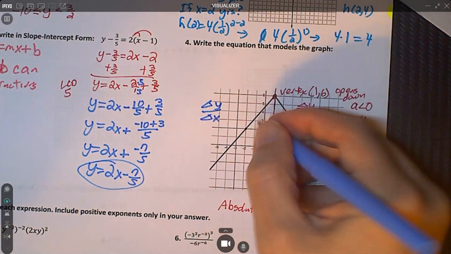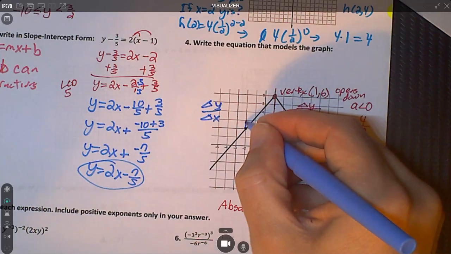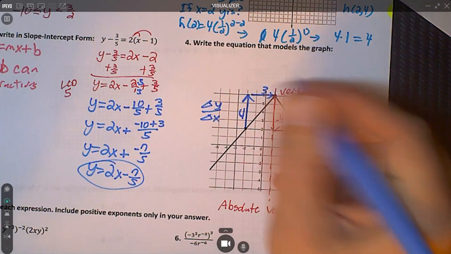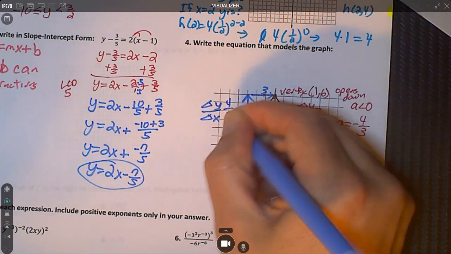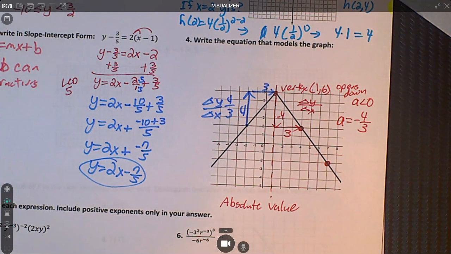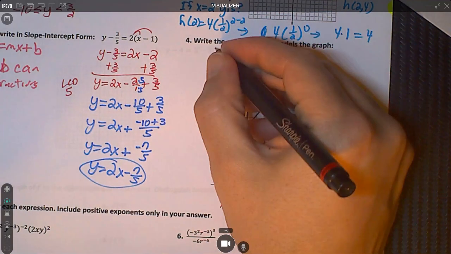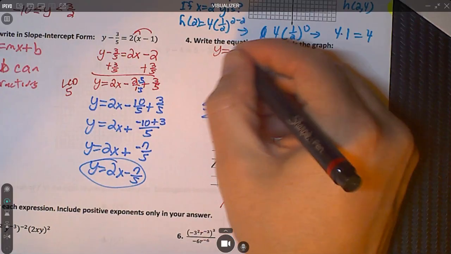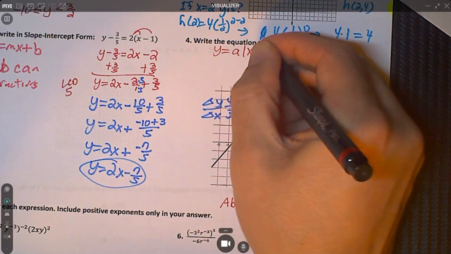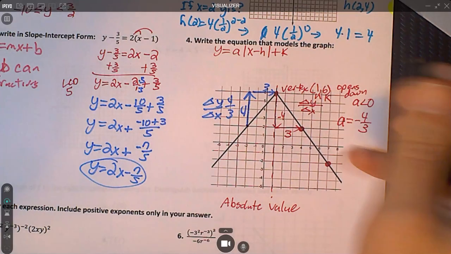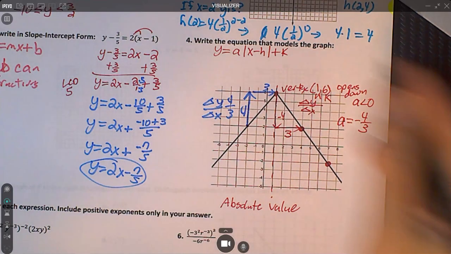Changing y over x on this side. But since it opens down, we go with this. So this is h, k. So we've got to do the opposite of h, k.